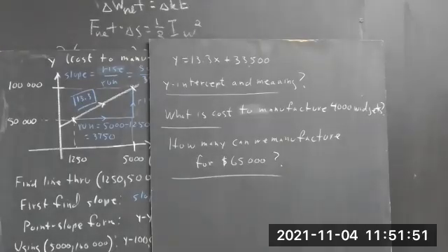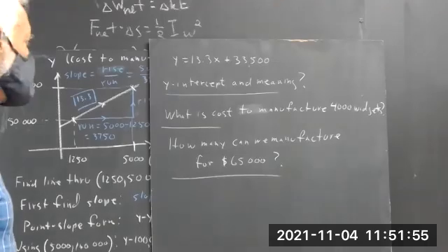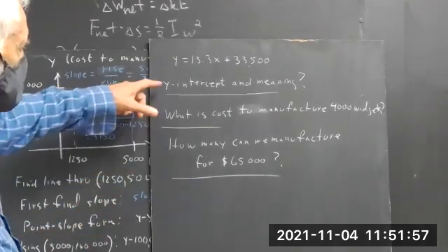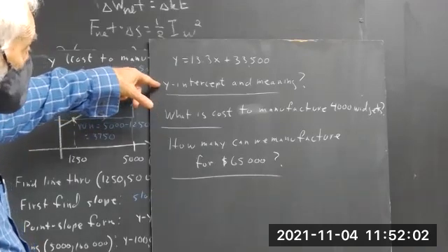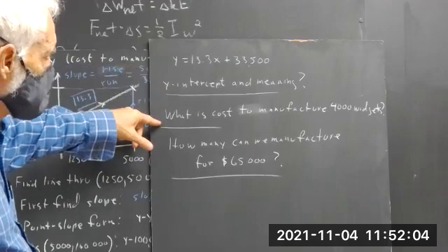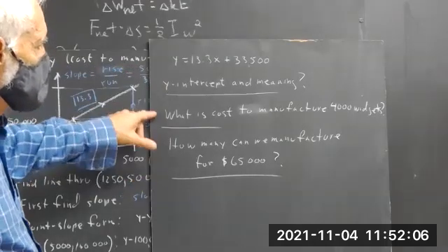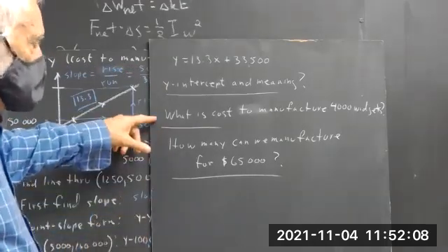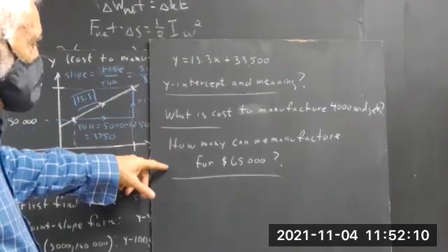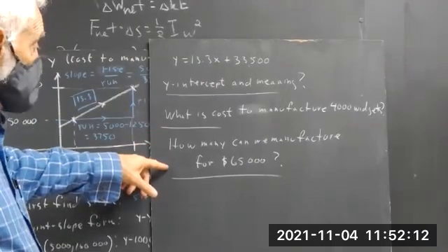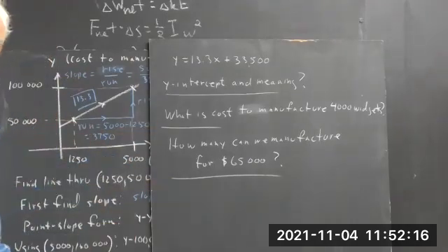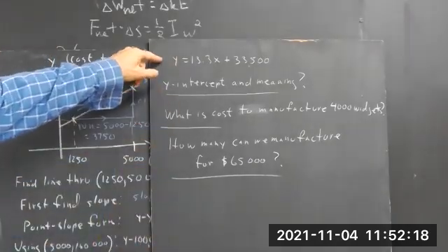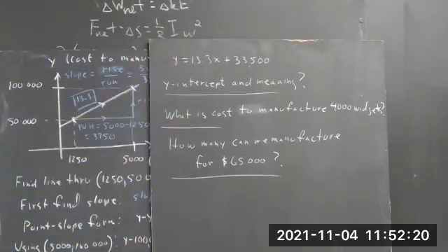So what I would recommend doing is, first of all, answer this question, try to figure out what the y-intercept means, but then estimate based on the graph. What's the cost to manufacture 4,000 widgets? How many can you manufacture for 65 grand? See if you look at the graph and answer those questions, and then see if you can use the equation and answer the question.